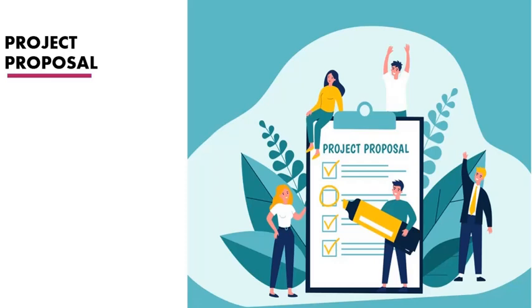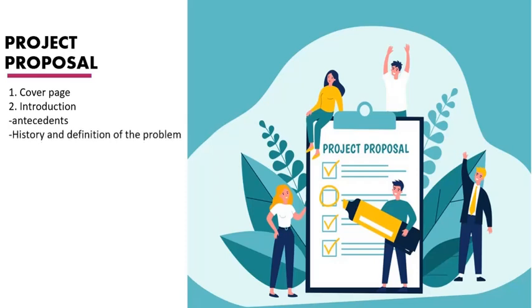So the components or the elements of an ideal project proposal are firstly the cover page, then the introduction, which includes the antecedents, history and definition of the problem. It also has the justification and intervention under the introduction part.